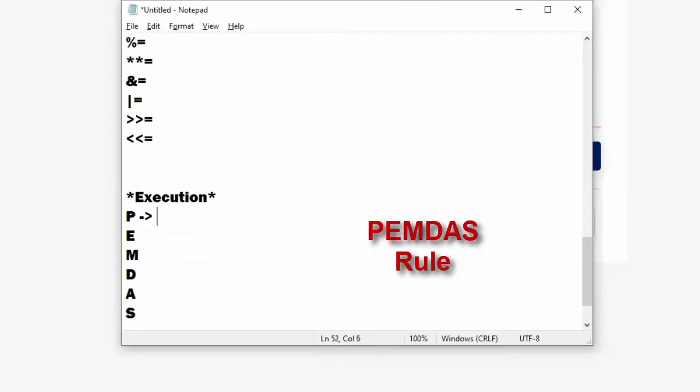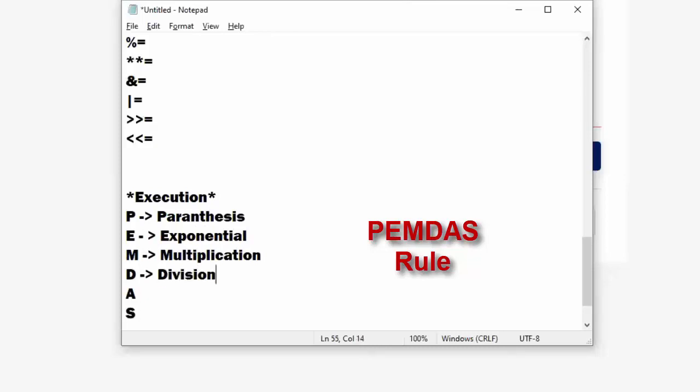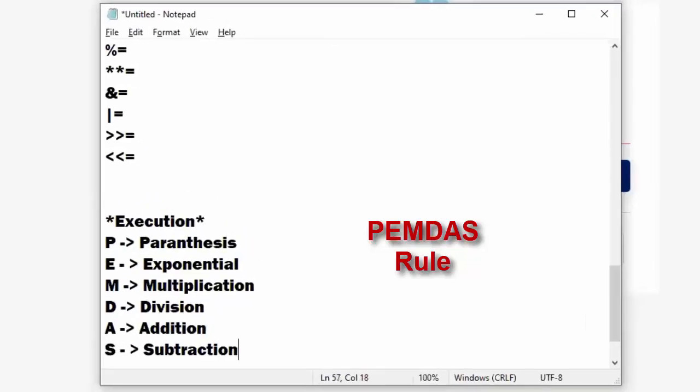P stands for parenthesis, E stands for exponential, M stands for multiplication, D stands for division, A stands for addition and S stands for subtraction. This is the execution rule, and associativity and precedence are also the same as in other programming languages.